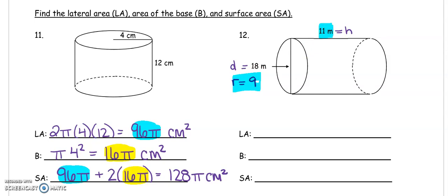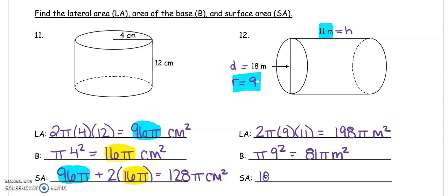So the lateral area, 2 pi r h, 2 pi times the radius, which is 9, times the height, which is 11. 2 times 9 is 18, times 11 will give me 198 pi meters squared. To find the area of the base, that's pi r squared. Pi times 9 squared will give me 81 pi meters squared.